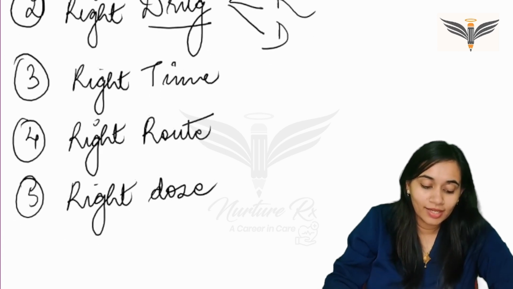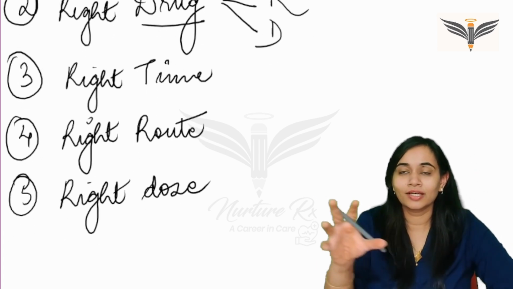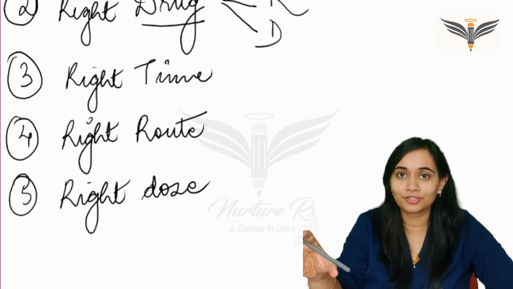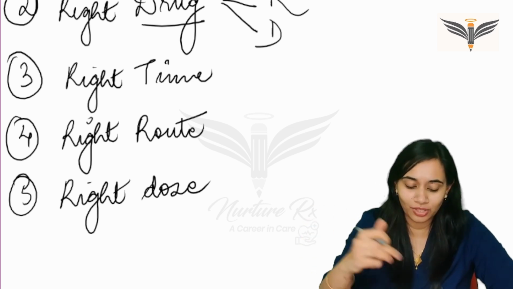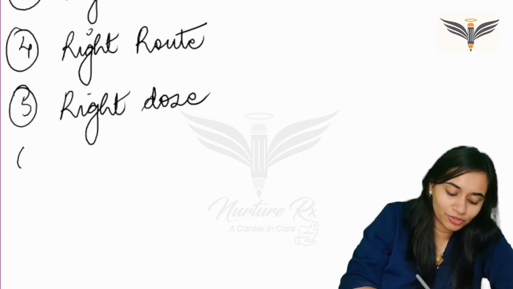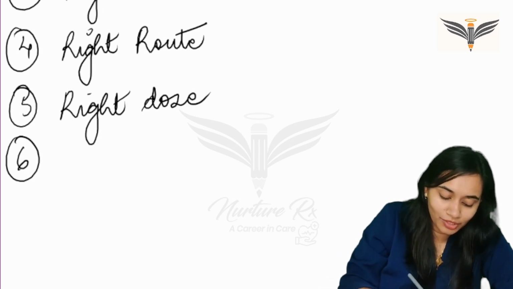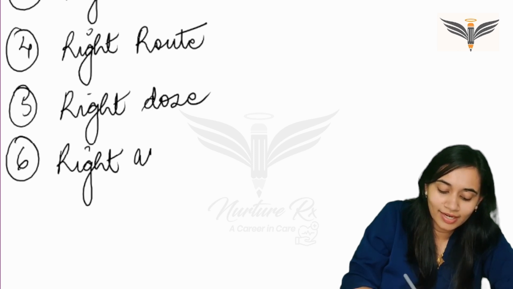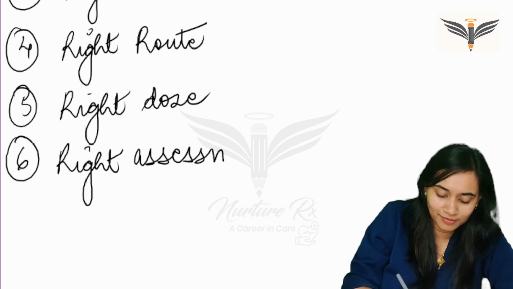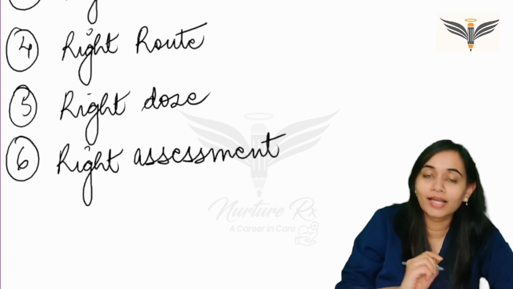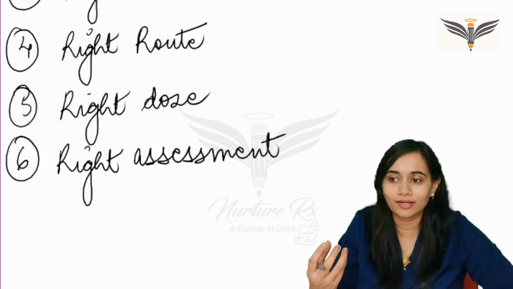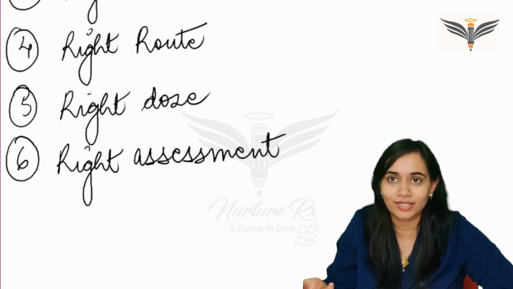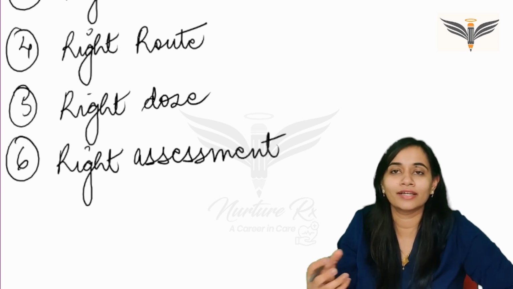Okay. Now you have identified the patient, and you have identified the drug that has to be administered to the patient. What is the next thing you are going to do? You are going to find out whether the patient is ready to take the drug or not. I'll explain how. Suppose you are planning to give a blood transfusion to the patient. Before the blood transfusion, you take vitals for that patient.